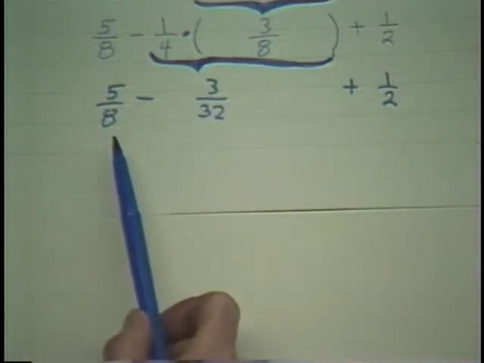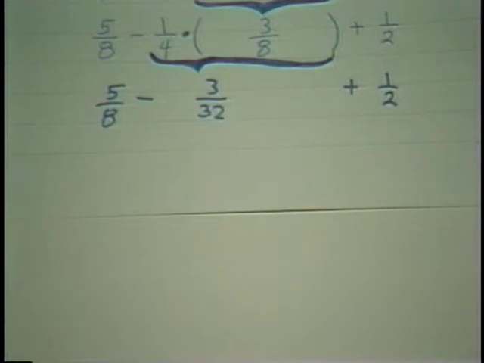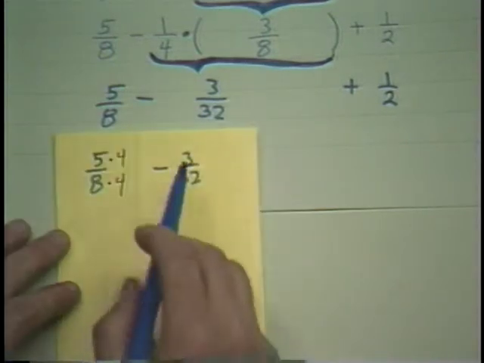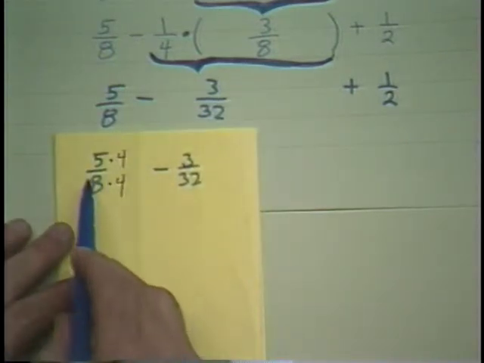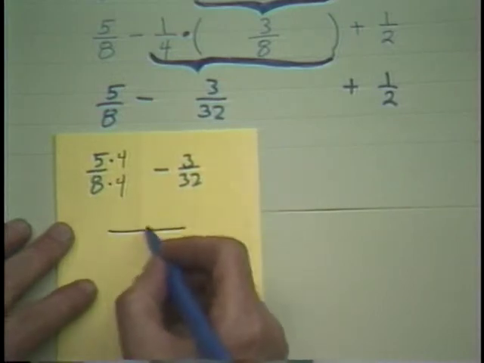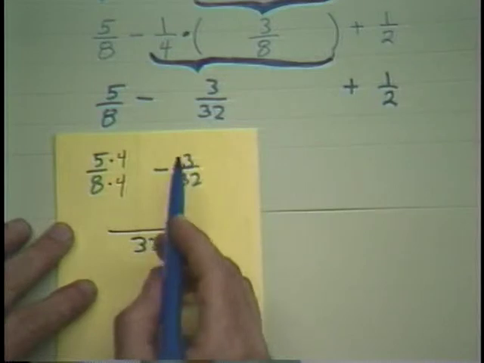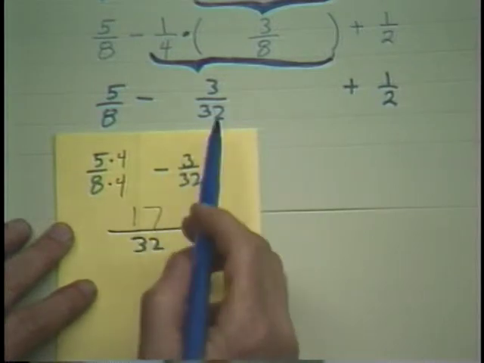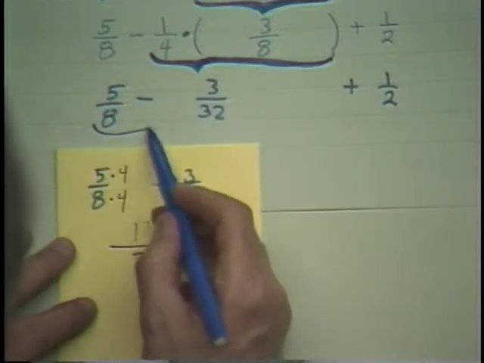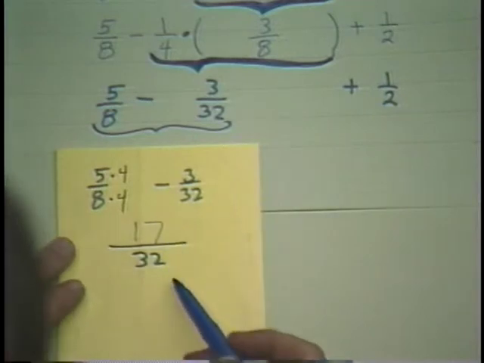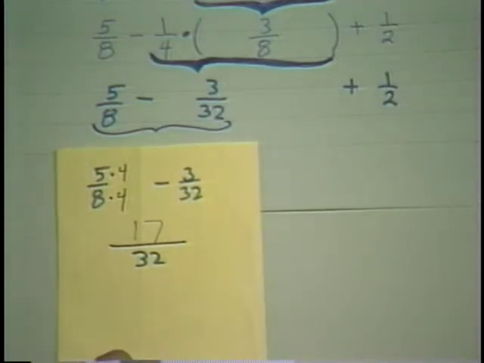So doing this subtraction, again on scratch paper, we get this, but we must build these fractions to get the common denominator of 32, and we have 20 minus 3 is 17, so this subtraction is 17/32.